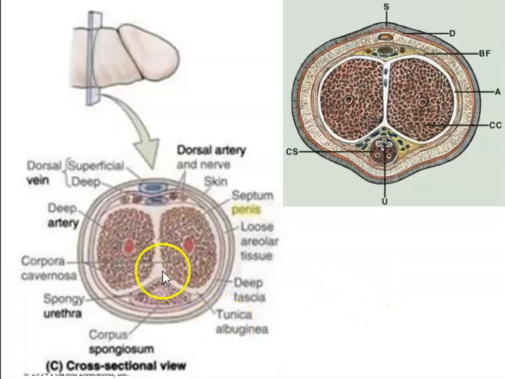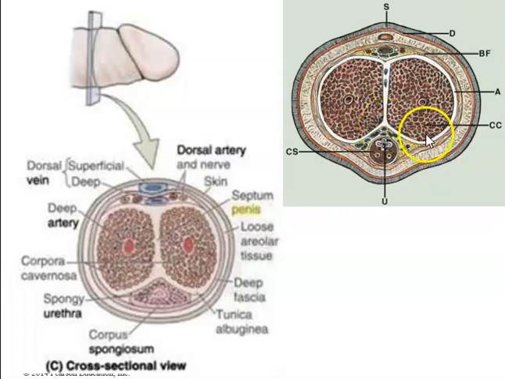So again, if we see a cross-section of the penis, the layer that surrounds the two corpora cavernosa is the tunica albuginea. And then we have the Buck's fascia that will surround all three of these cavernous bodies. So up here is actually a better picture of the different layers.